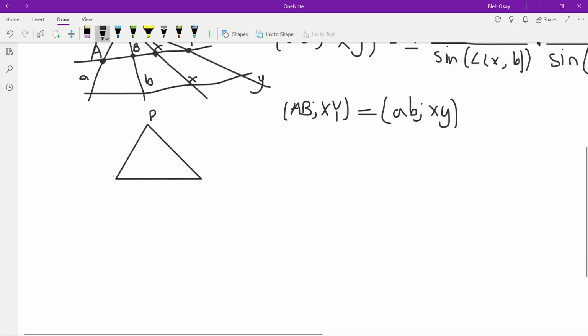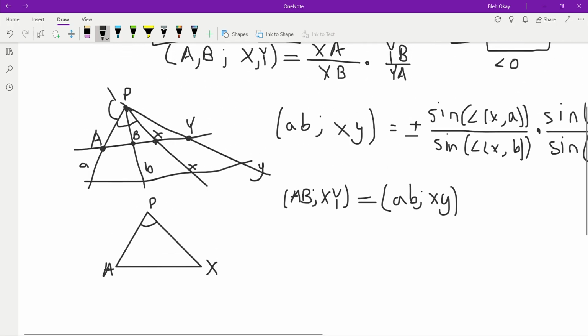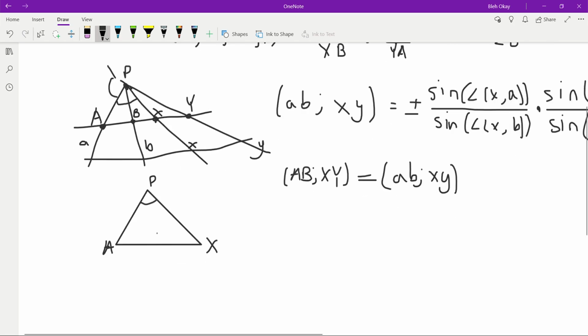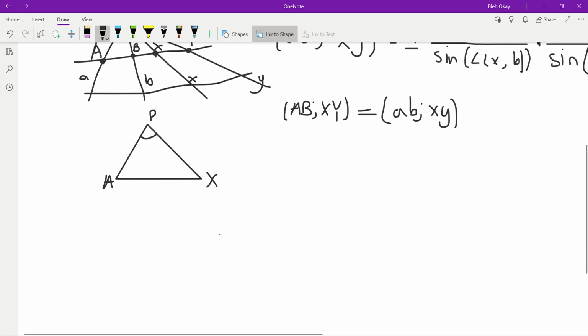So this is P, this is A, this is X. And this angle here is what we're calling the angle between line X and line A. So this is obviously an important angle. Now, we also have the triangle.